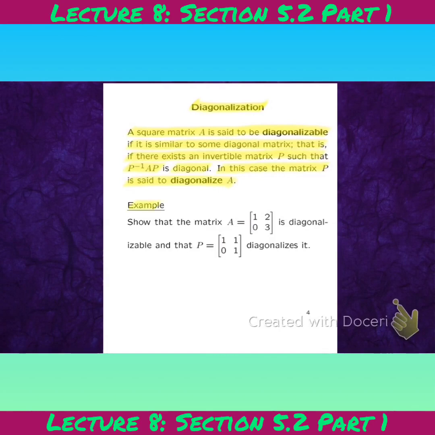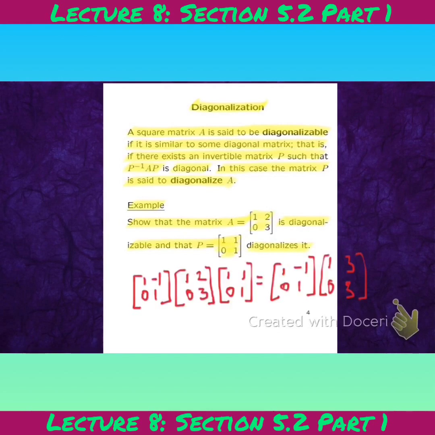So in this example here, they ask us to show that this matrix A can be diagonalized, and that in fact the matrix P diagonalizes it. This is easy to see. Just look at P inverse. You take A and you multiply on the right hand side with P. Then multiplying those two matrices together, we get that matrix there.